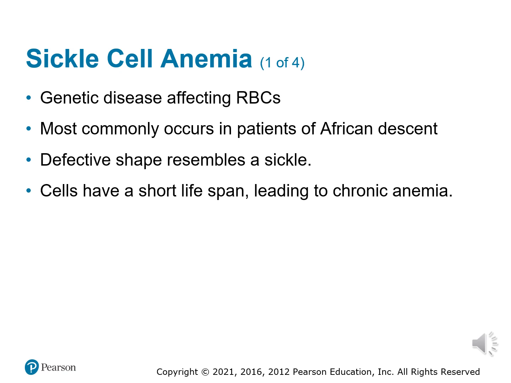Because of the abnormal structure of the red blood cells, it results in premature destruction of them in circulation. So again, it's a genetic disease affecting the red blood cells. Its defective shape resembles a sickle, and the cells have a short lifespan, leading to chronic anemia.